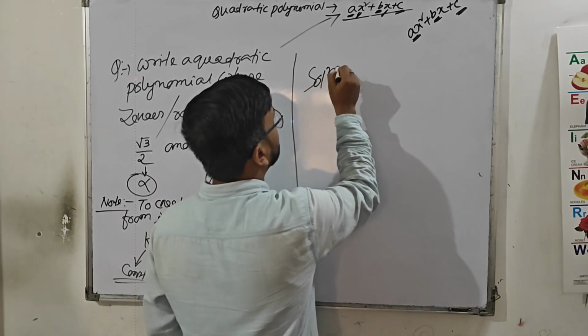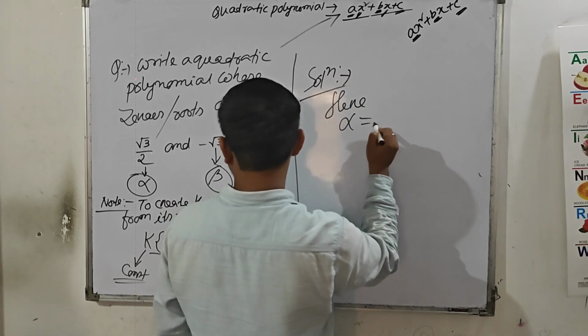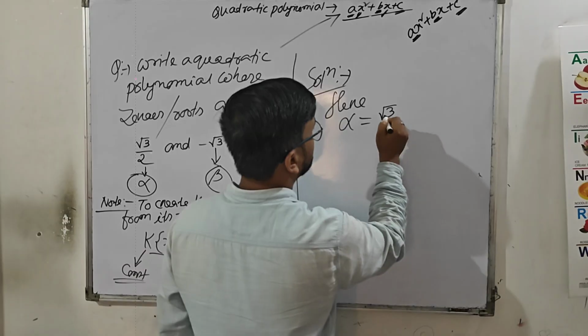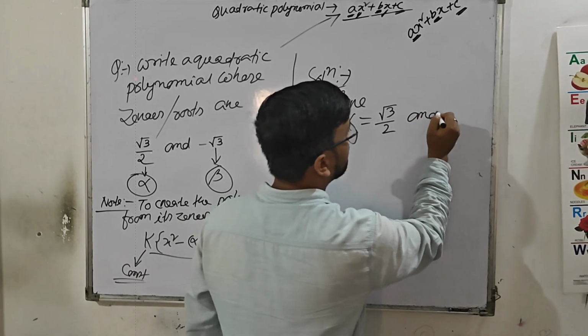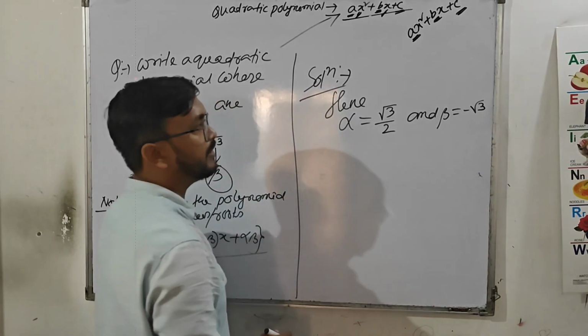Solution here. Alpha is equal to root 3 by 2 and beta is equal to minus root 3.